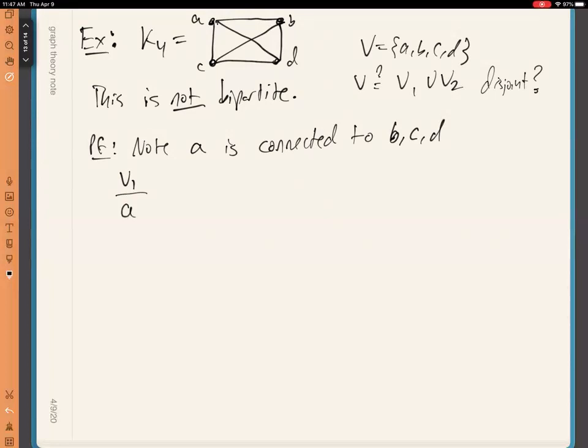Since A is connected to B, C, and D, I can't put B, C, or D into V1, because then I would have an edge connecting elements of V1, which I'm not allowed if I want to be bipartite. And so if there was such a decomposition, I would have to put B, C, and D all in V2. But the problem is that these are connected to each other.